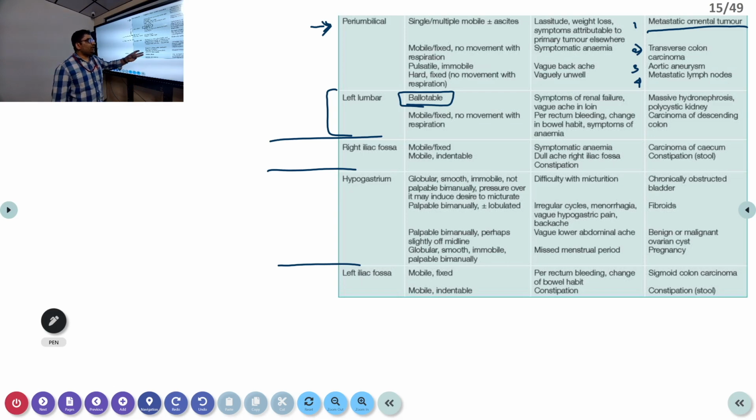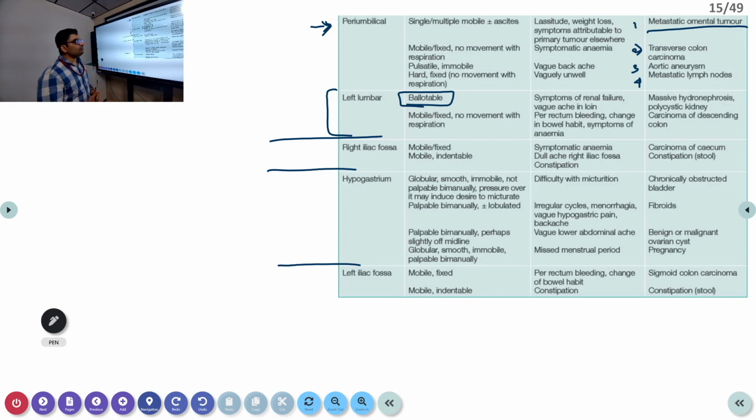Obviously the masses can be appendicular as well as cecal, all in the differential diagnosis. The appendicular mass is mainly because of chronic appendicitis. I hope you know that chronic appendicitis will lead to an appendicular mass. If the patient has a past history of acute appendicitis and it is not treated, it will progress into an appendicular mass.